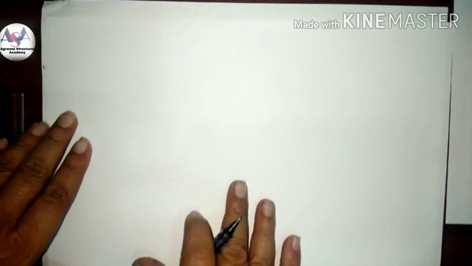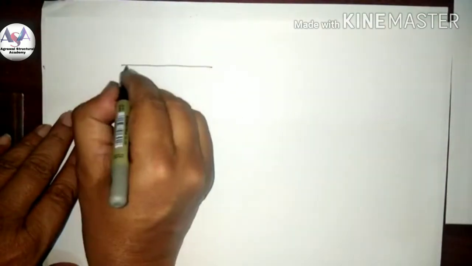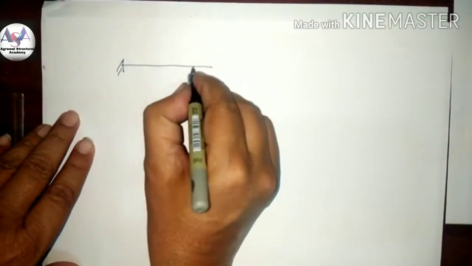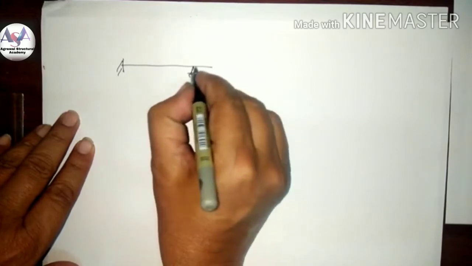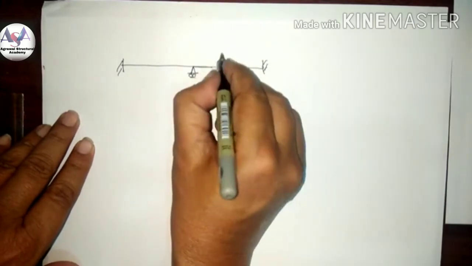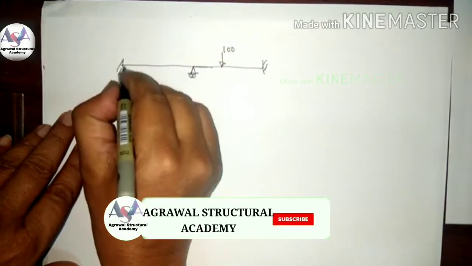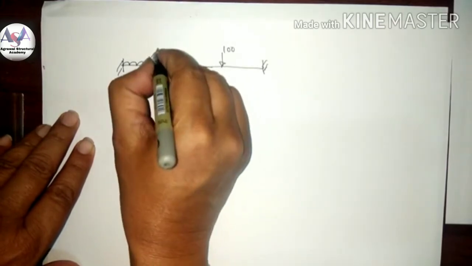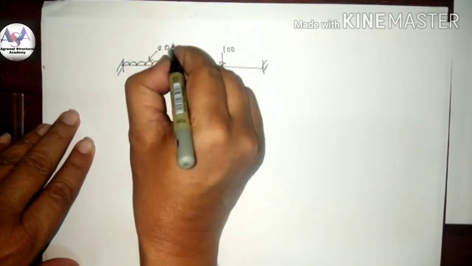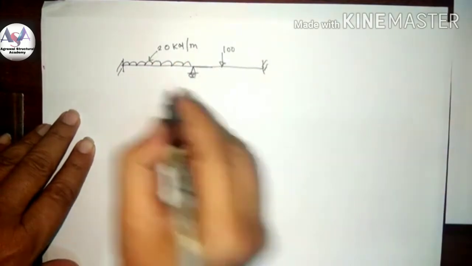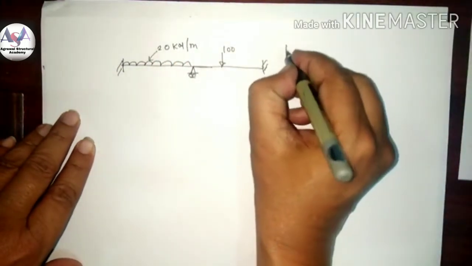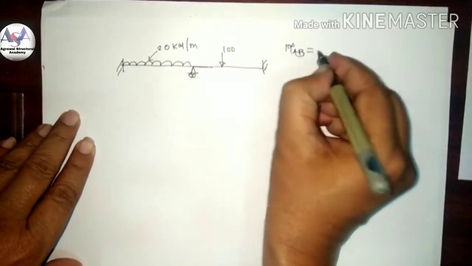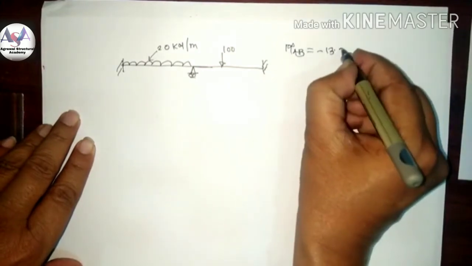Then the next step is to draw the BMD. Now how to draw this? A simple trick to draw the BMD. We know here this is the roller support. This is the point load. This is the UDL, 20 kilonewton per meter. Now here MAB is equal to minus 13.33.